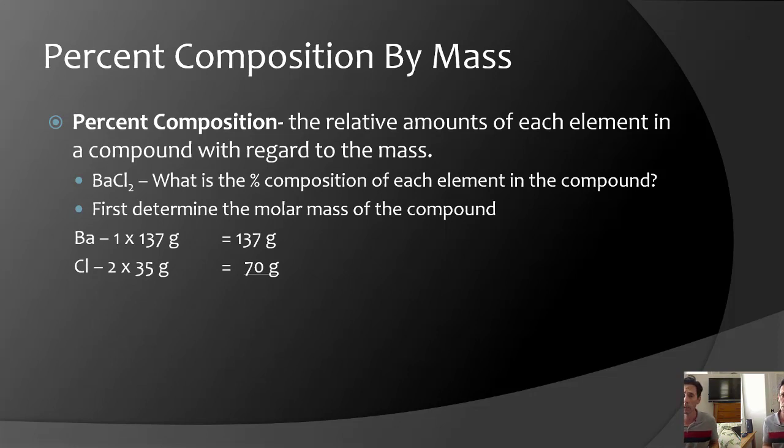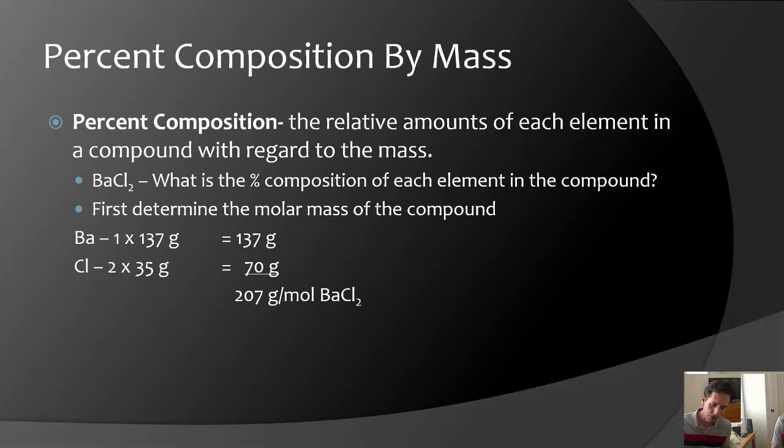I looked up the periodic table, and we're doing this to the nearest whole number. There are 137 grams for every 1 mole of barium, so I have 137 grams of barium. For every chlorine, there's 35 grams. Because there are 2 of them, I multiply by 2 and we get 70. When I add that all together, I end up with 207 grams per mole of barium chloride.